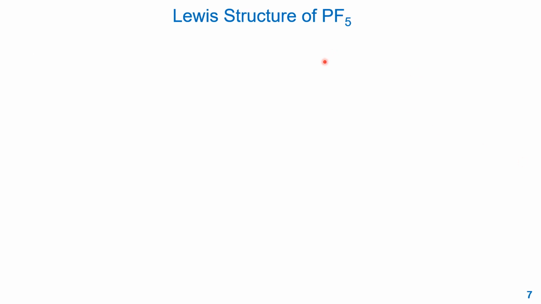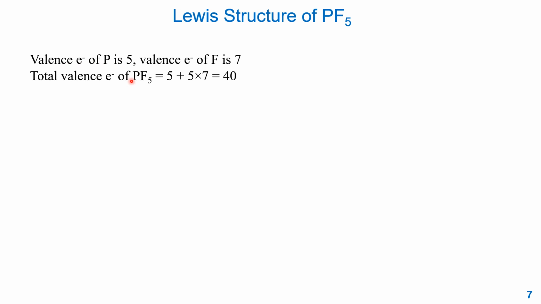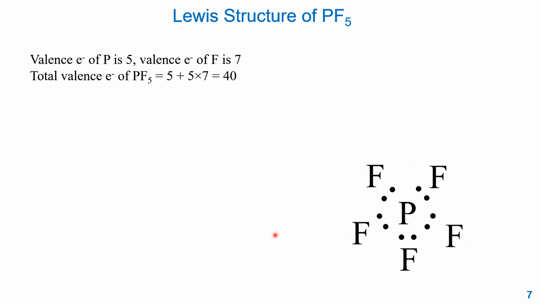Another example is phosphorus pentafluoride. The valence electrons number for phosphorus is 5, and you have 5 fluorine, so 5 plus 5 times 7 is 40. The central atom is phosphorus. You have 5 surrounding fluorine, and draw the single bonds between them first, using 10 electrons. 40 minus 10 is 30. The 30 electrons go to the surrounding atoms.